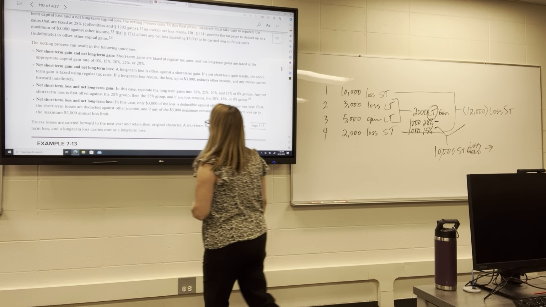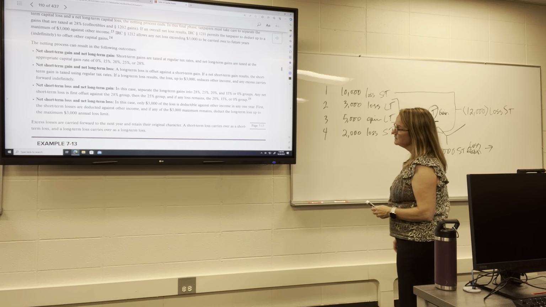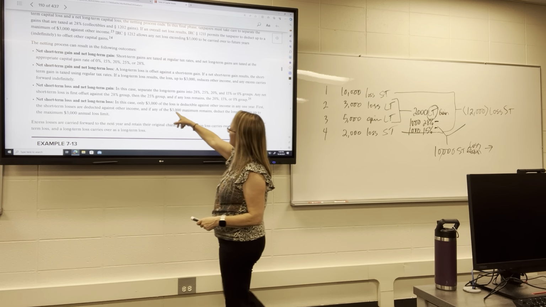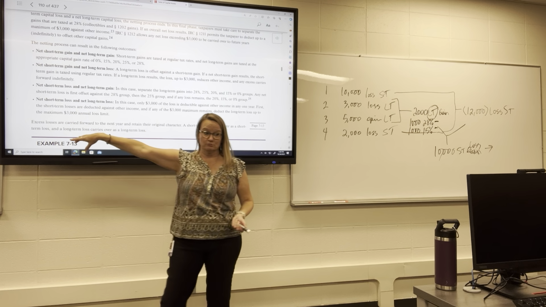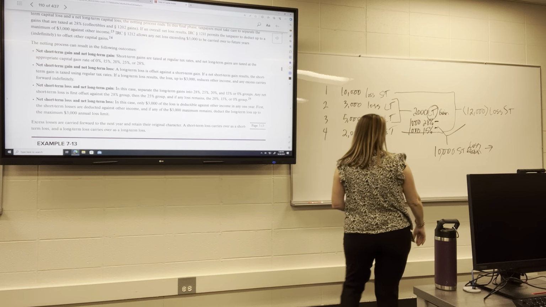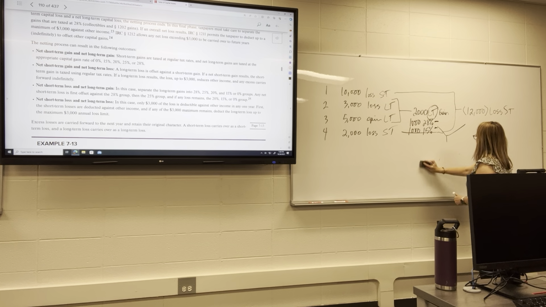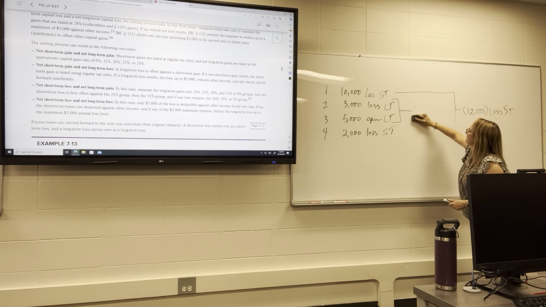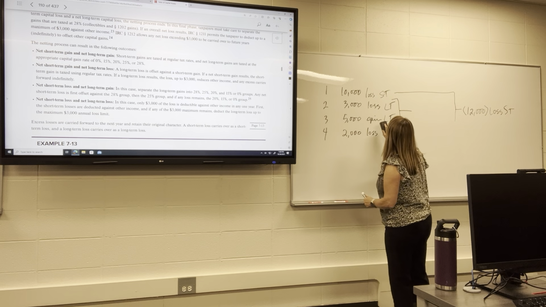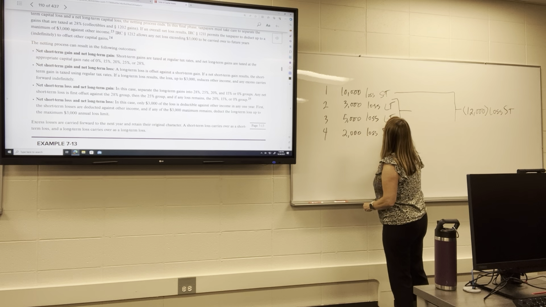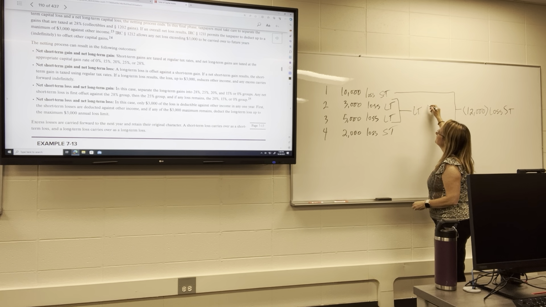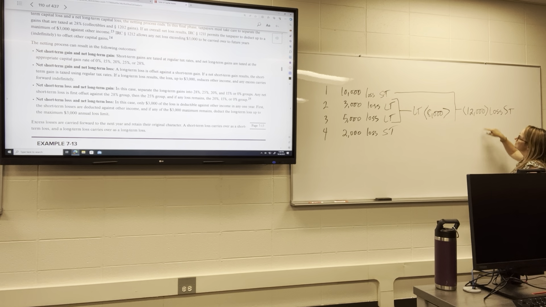Net short-term loss and net long-term loss. In this case, only $3,000 again of the loss is going to be deductible. First, we're going to take the short-term loss. So let's say we have all losses: long-term, $8,000, and short-term, $12,000.